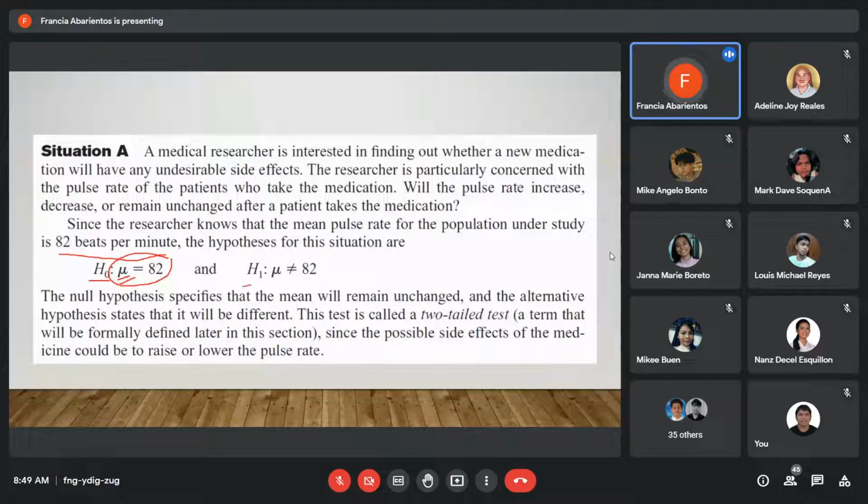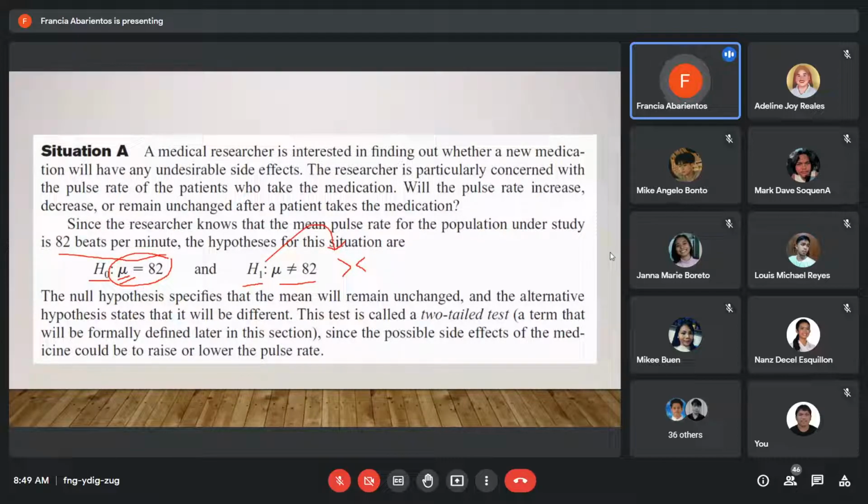The alternative hypothesis is not equal to 82. Okay? Kasi dito sinabi, increase, decrease, or remain unchanged. So not equal to 82. Bakit? Kasi may greater than or less than dyan. Okay? Yan yung mga kadalasang symbol sa alternative hypothesis. Okay?